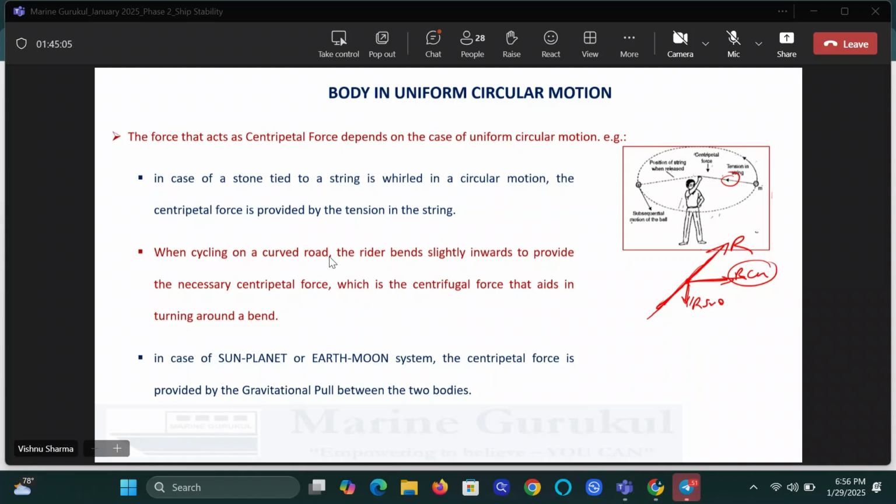In case of Earth-Sun motion or Earth-Moon motion, though it is elliptical, it is nearly circular. So you have the sun and you have a planet here. What is keeping the planet in the circular motion is the gravitational pull between the two bodies; Newton's law of gravitation is what is responsible for providing the centripetal force. So what am I trying to convey through these three examples?